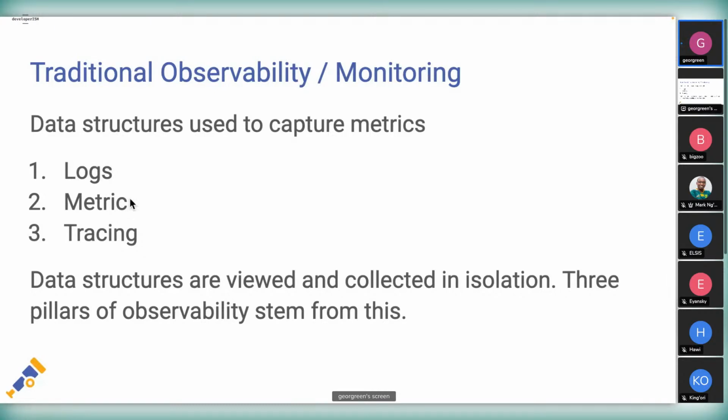One thing to note is that this telemetry is usually produced as separate entities. You produce your logs and put them somewhere, you produce your metrics and put them somewhere different. And then the logs are usually stitched together using a request ID or a correlation ID. This is how you get tracing in traditional observability.